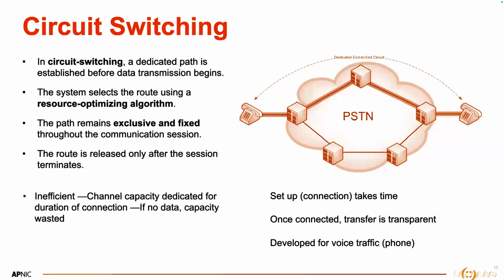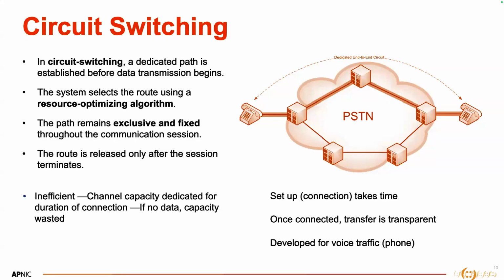In this way, you make sure that all the data over one specific circuit stays on the specific path from the very beginning till the end of the communication. So this is the major difference between these two kinds of network, packet switching and circuit switching.